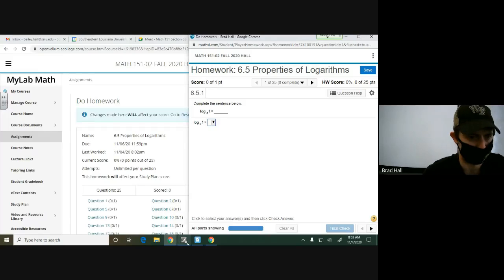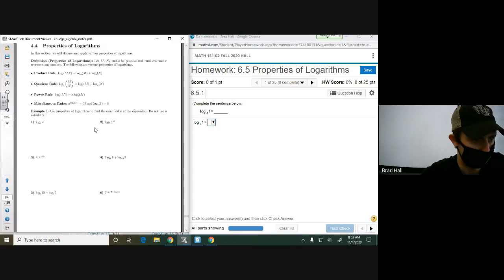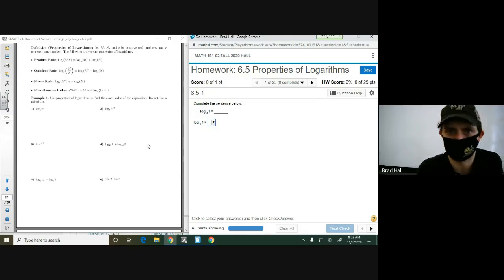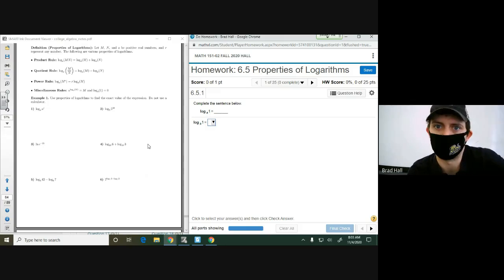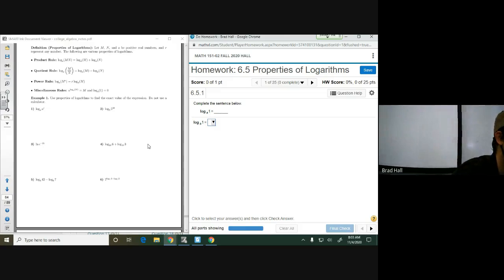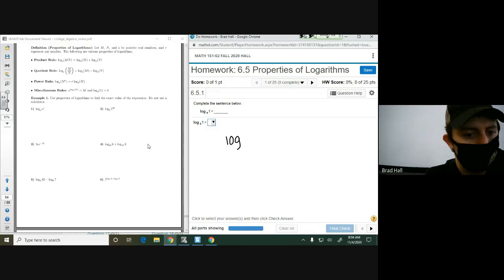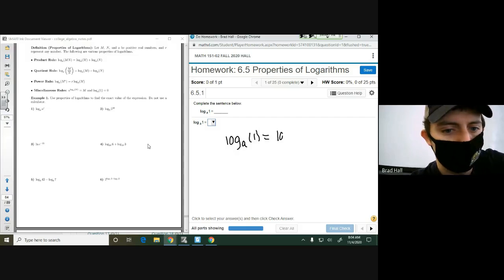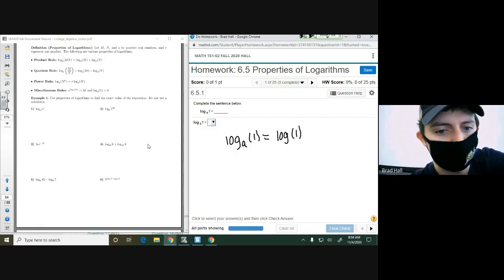Okay, so I'm just going to compare the two and go through them one by one. So just as a warm up, the log base A of 1. The log of 1 is always 0, and one way to motivate this is by rewriting this in a calculator-friendly form.